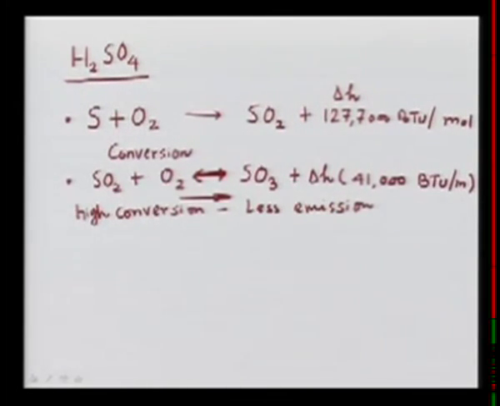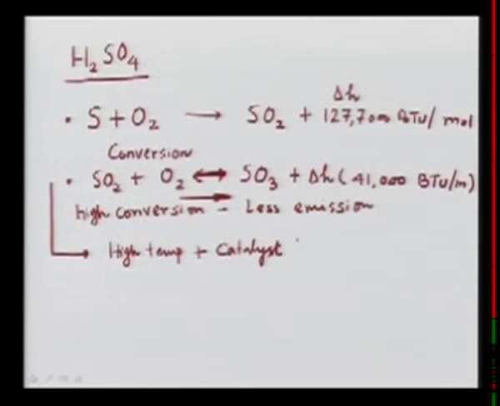But the problem is, in order to convert SO2 into SO3, we need a high temperature; the higher the temperature, the better the situation. We also need a catalyst to make this reaction go forward.